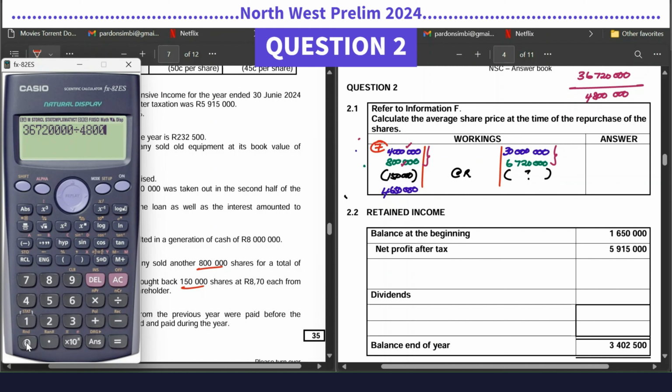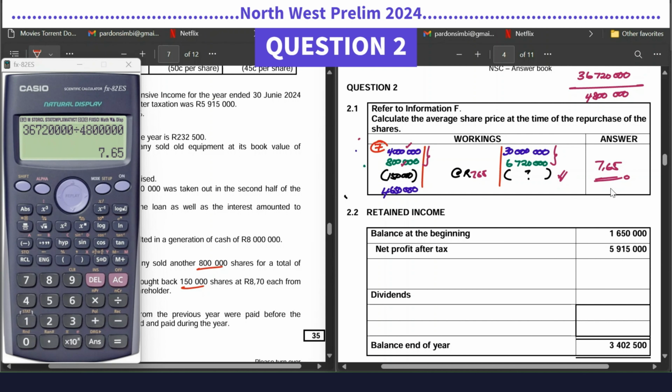And then that would give me 7 Rand 65. So it becomes 7 Rand 65. That is all they wanted. They wanted us to calculate that 7 Rand 65. Okay, very important. The examiner was trying to say open note 7, but in a different way. So the examiner can still make you open an ordinary share capital note, but in a different way.